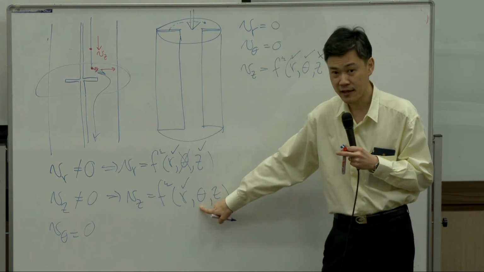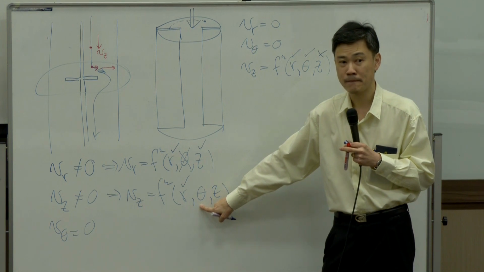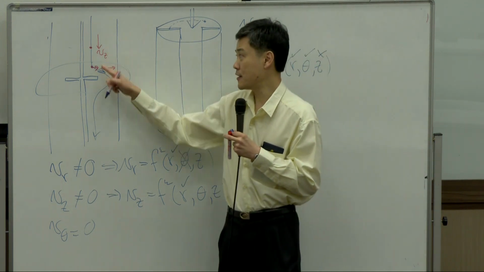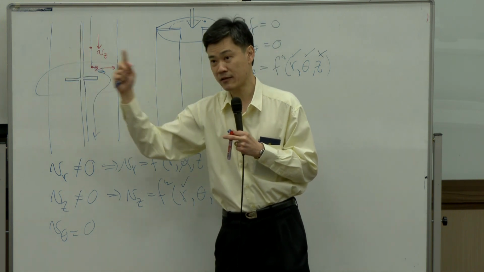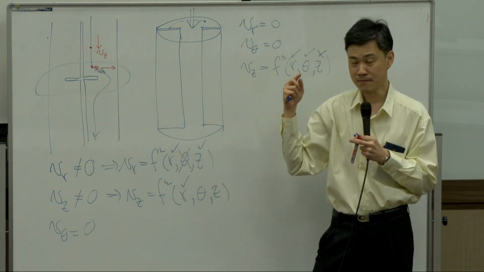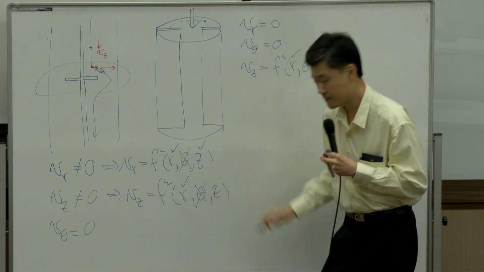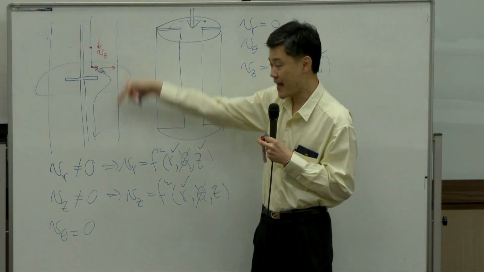Is it a function of theta? So you consider the downward component. Does it change when you go around it? No, it is not. Does it change when you go down?